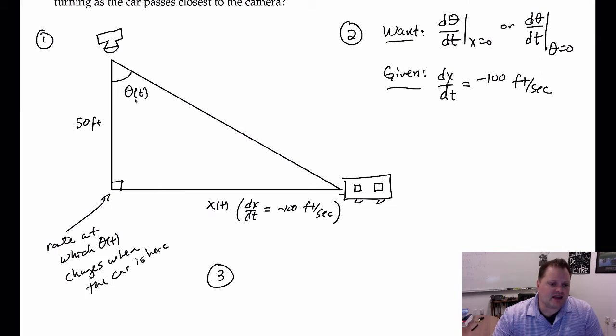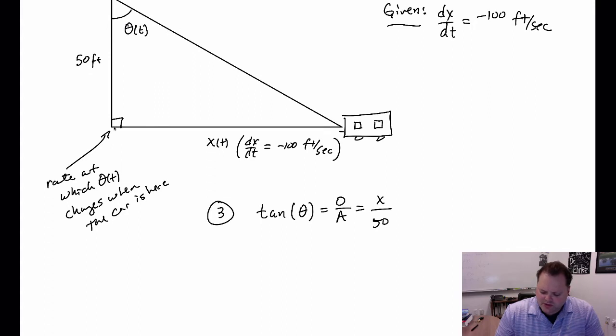If theta is the angle, x is the opposite, and I also know the adjacent side to theta. So tangent seems the most reasonable here. If I said, okay, tangent of theta is opposite over adjacent, opposite is x, adjacent is 50, so this tells me that 50 tangent theta is equal to x.